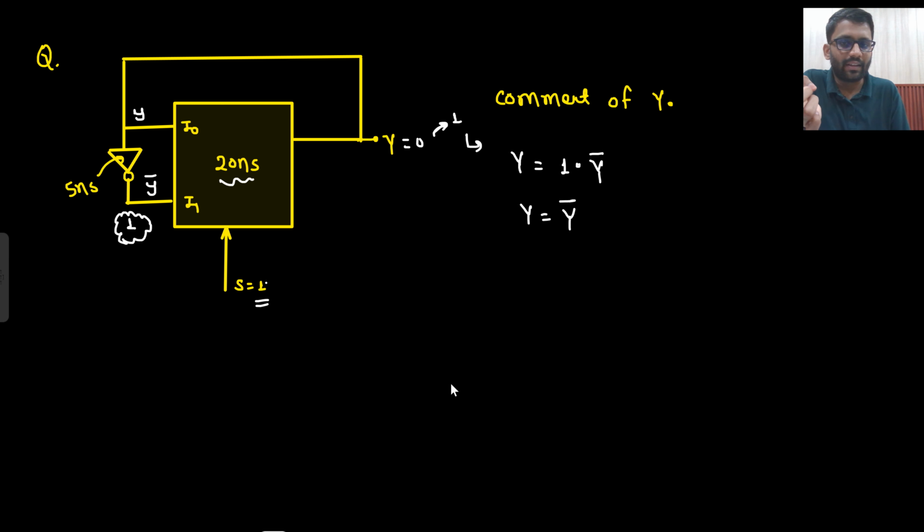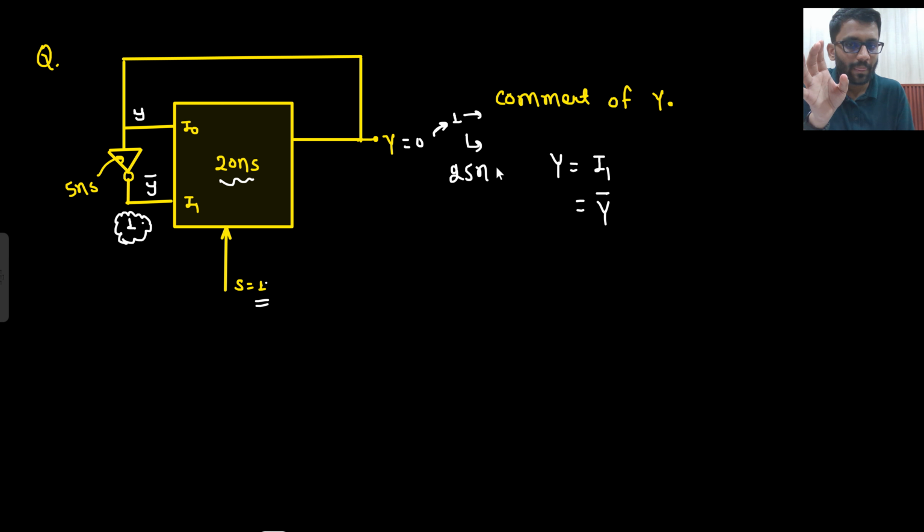Basically, whatever is there, Y is equal to I1, and I1 is Y bar. So if Y is equal to 0, after 5 nanoseconds, this will be 1, and after 20 more nanoseconds, this 1 will come out. Now this 1 is there at 25 nanoseconds.